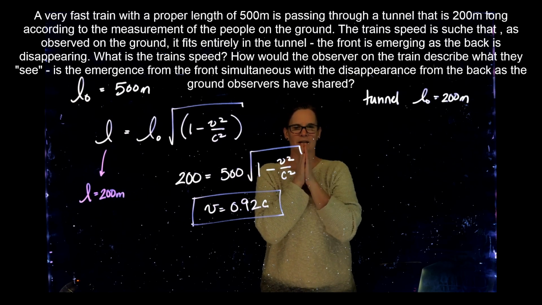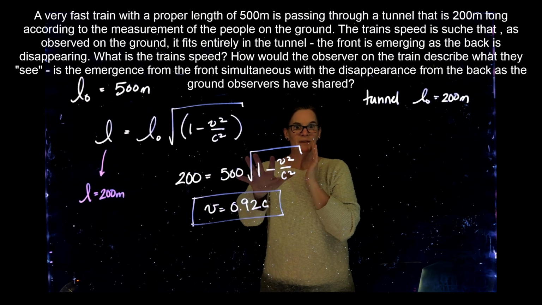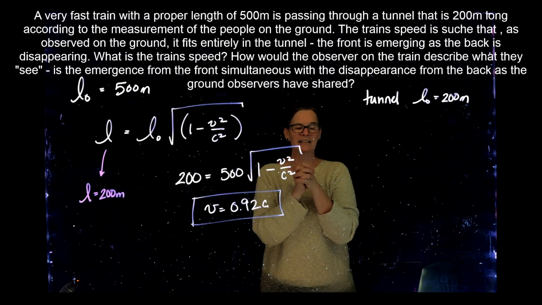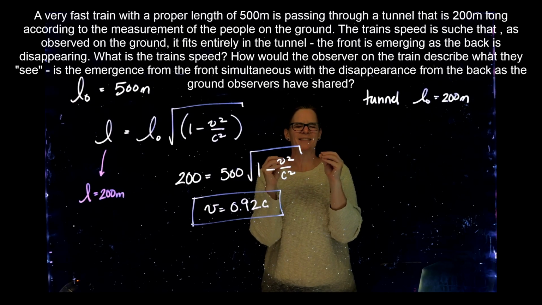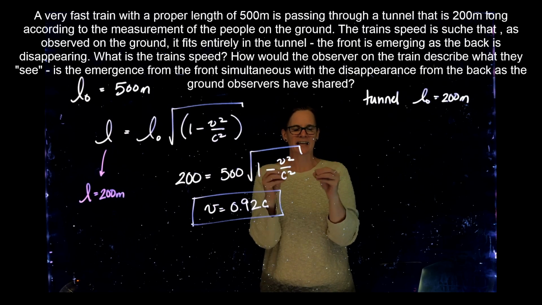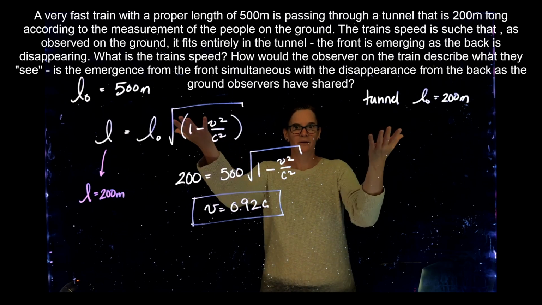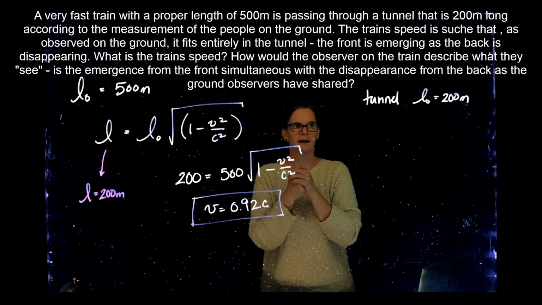The tunnel has proper length 200. If I calculate the length the person on the train sees the tunnel, it's contracted. Then there's no way it's going to fit. We already know it's not going to fit by the tunnel's proper length.